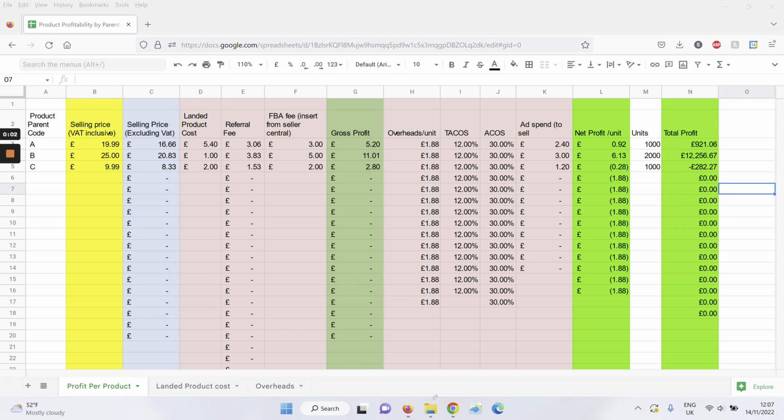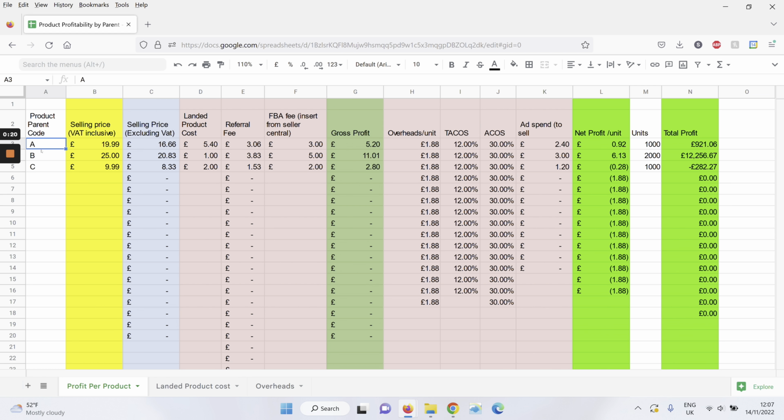So guys, this is the spreadsheet I was talking about. We are going to calculate the profit and total profit for each product, and the calculator is line wise.